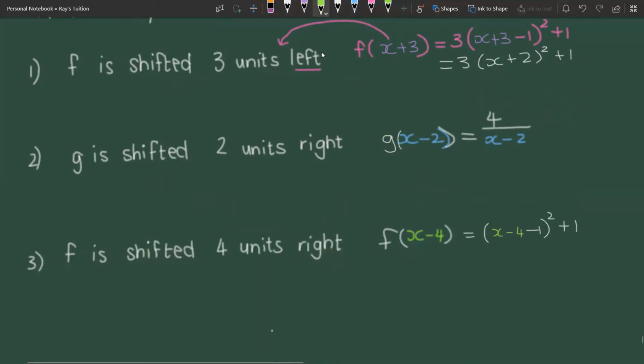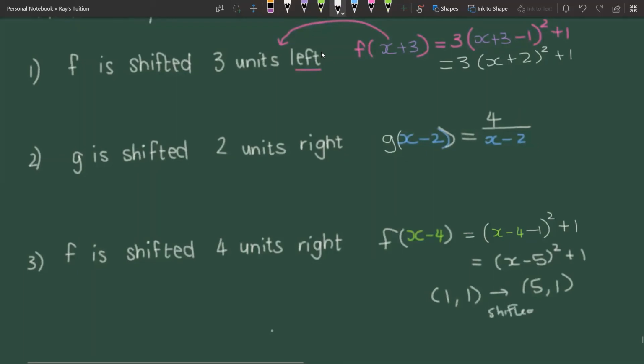Can you see what f of x is? Then this here is 3(x minus 5) squared plus 1. This is also a parabola, but now the turning point is (5; 1), which is shifted 4 units to the right from the old one, which was (1; 1).